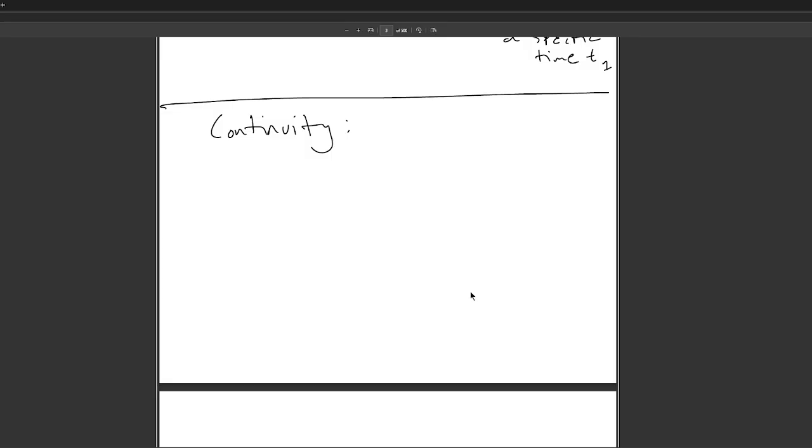Well, here's the thing: you can't have functions which are, let's say, like this. This doesn't count as continuous. Imagine a piecewise function, where y equals some constant c here, and y equals some other constant over there.